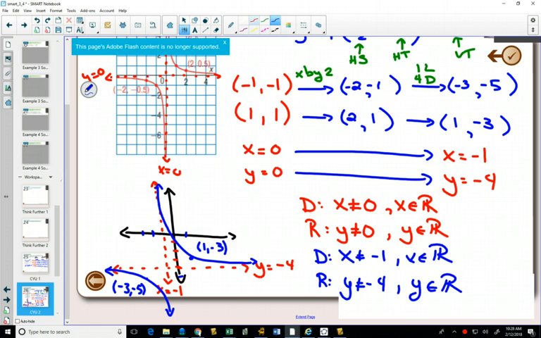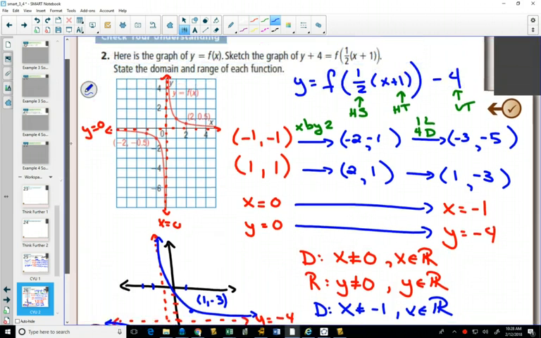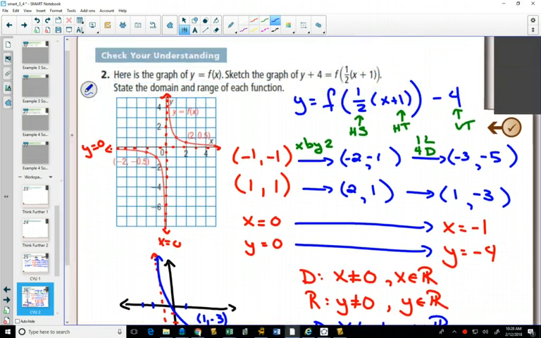Some things to look at in this one. Again, one of the things that I'm really trying to stress early on is get a good handle on notation. This question was given to us in function notation. So everything here was in function notation with an f. But this is a graph that you know from your parent graph.